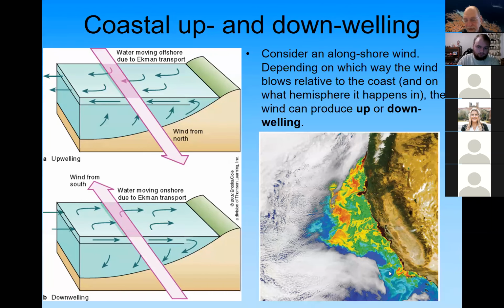So there's particularly intense wind-driven upwelling along the coast of South America. And there's also similar upwelling along the coast of California, generated by different sorts of wind patterns.